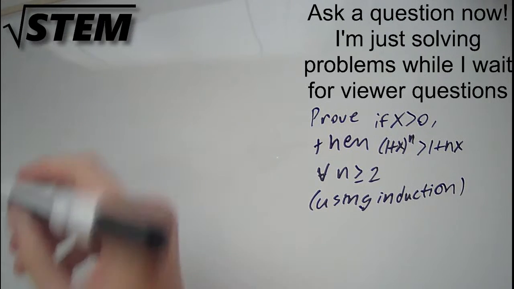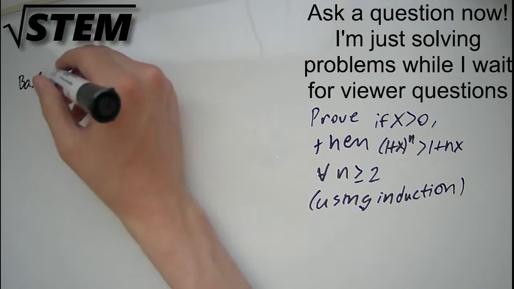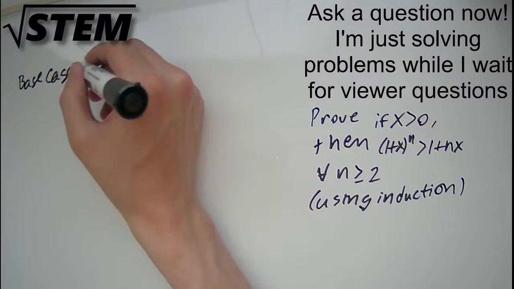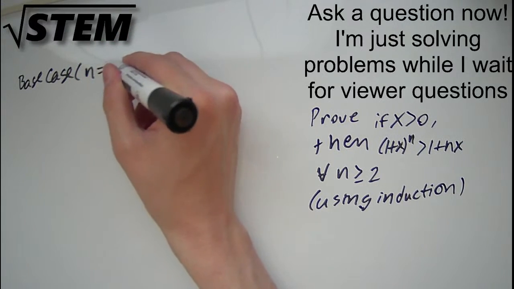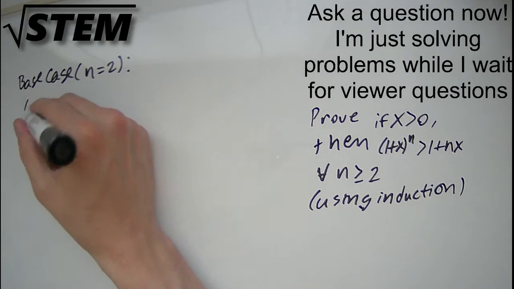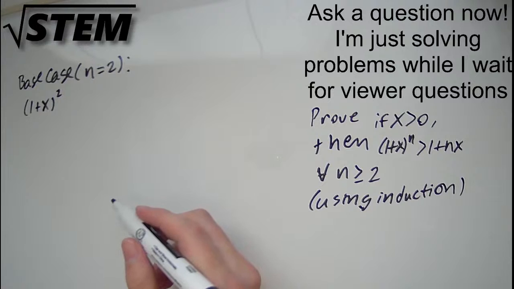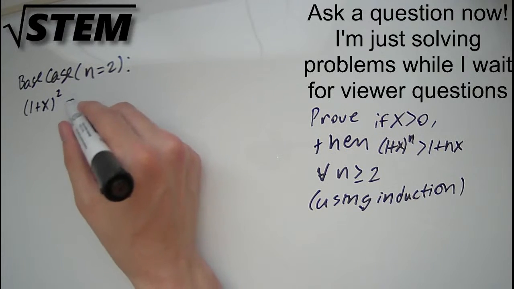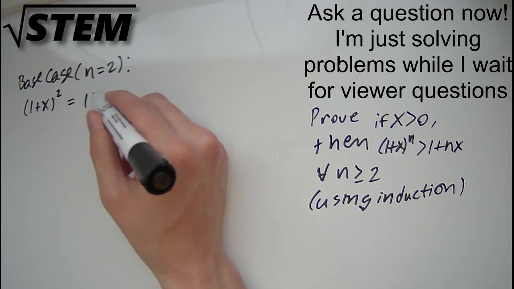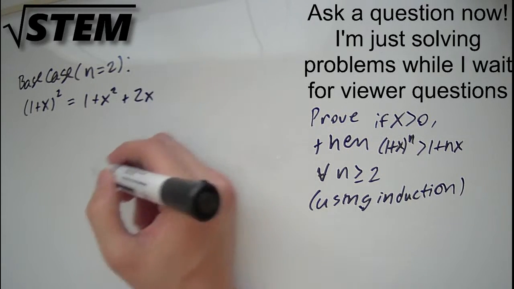So first, let's look at the base case when n equals 2. So 1 plus x squared, that's equal to 1 plus x squared plus 2x.